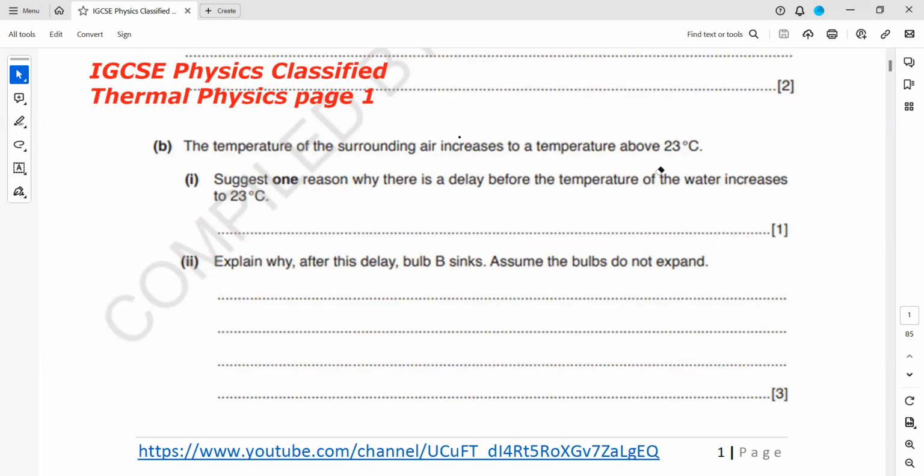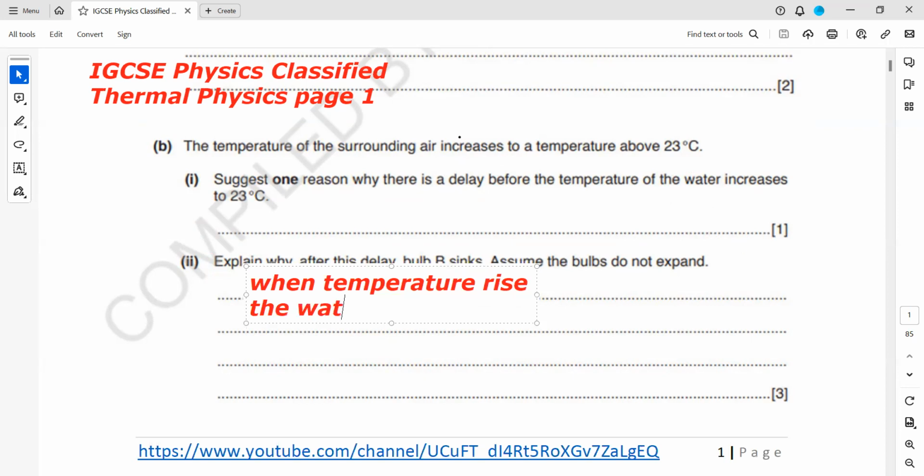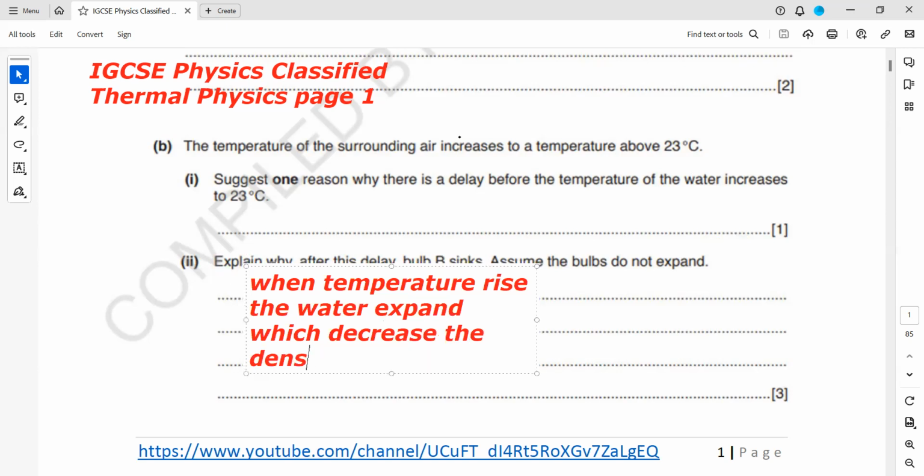When the temperature rises, the water expands, which decreases its density.